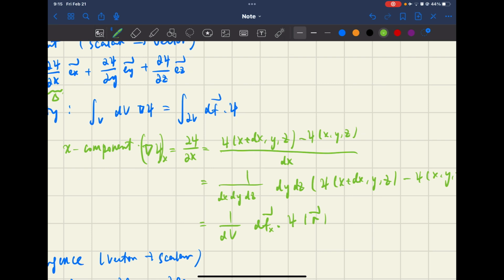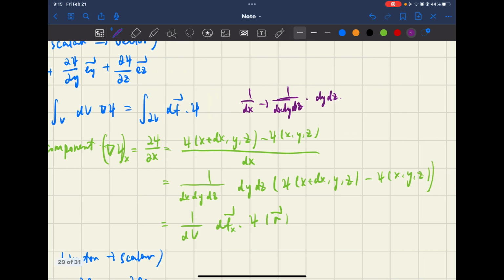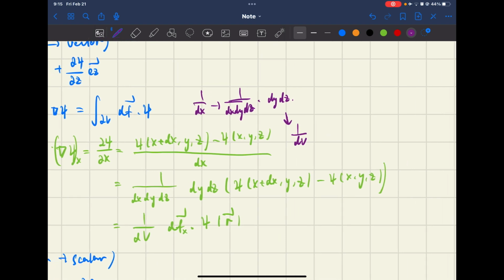On the right here we have a bunch of stuff over dx. So we replace dx with dx dy dz, 1 over dx dy dz times dy dz, and it's turned into this. Why does it help? Because using its geometric significance, we can turn it into this.